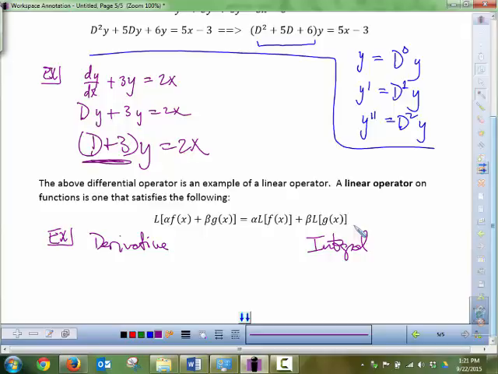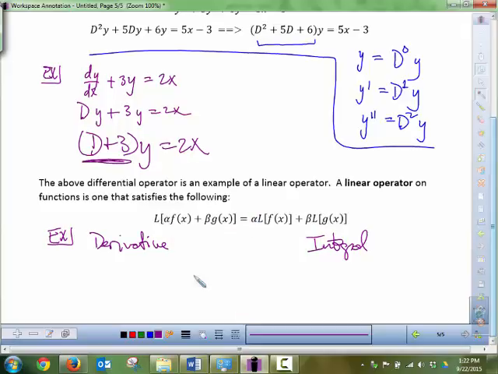Taking the derivative is a linear operation. Taking the integral is a linear operation. And for it to be a linear operation, it has to satisfy this condition. What does this L, alpha, beta, F, G business mean? It looks complicated.